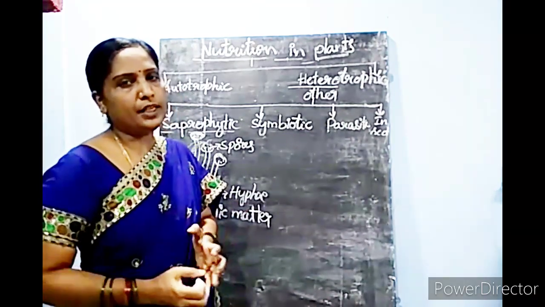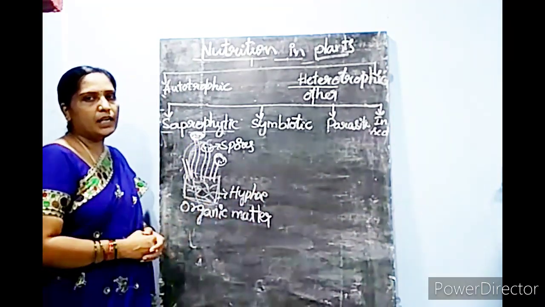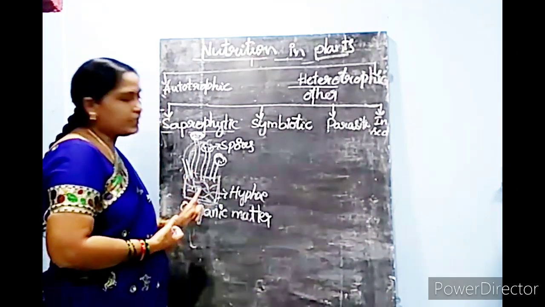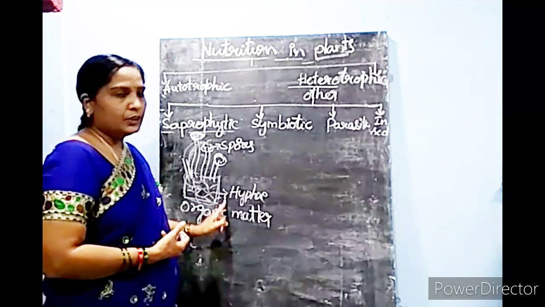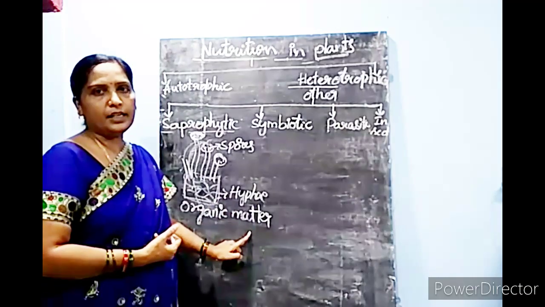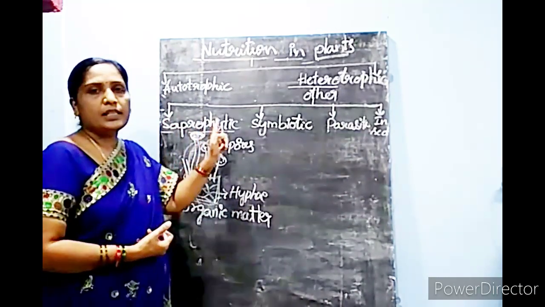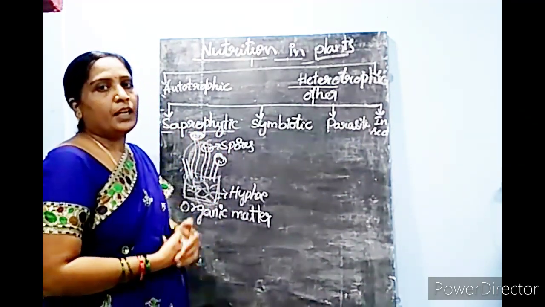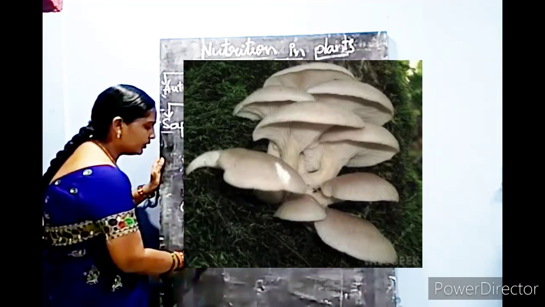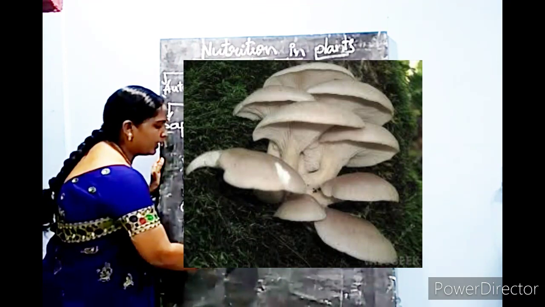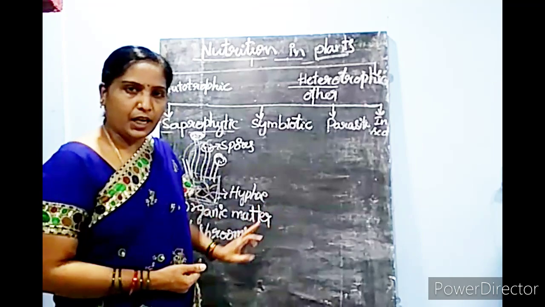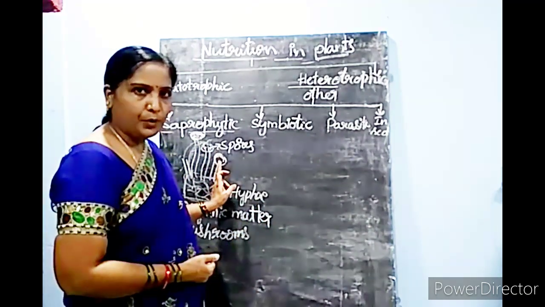That means all these elements are present in this organic matter. So they obtain their nutrition from this organic matter. The plants which depend on organic matter are known as saprophytes. Our mushrooms, you all know the mushrooms, right? These mushrooms are also growing on organic matter. So they are also one example of saprophytes.